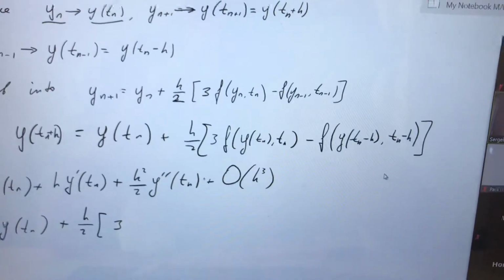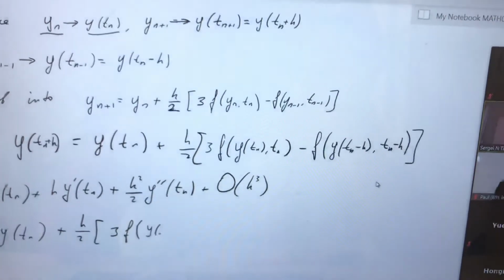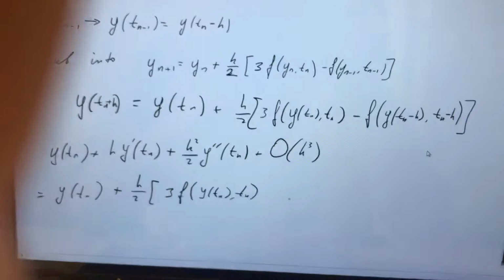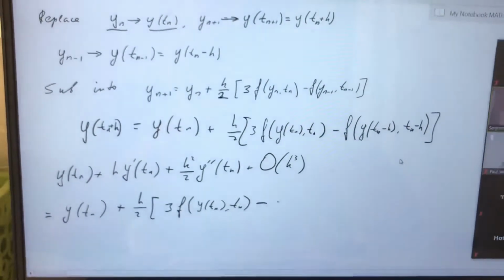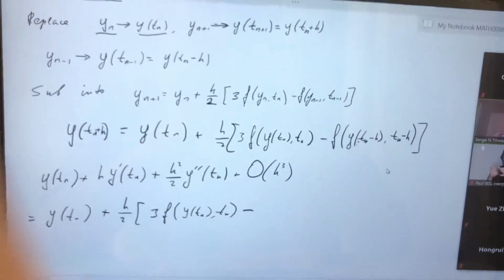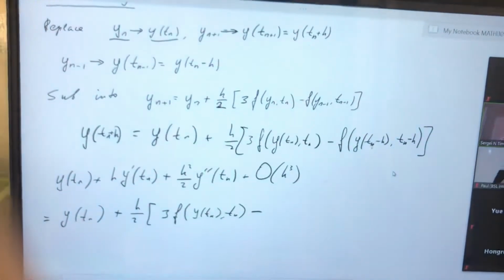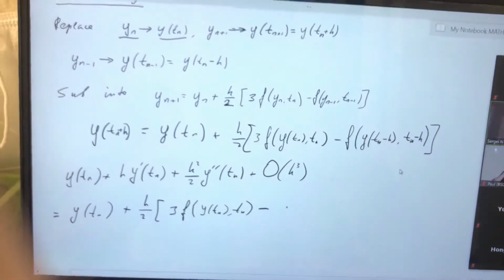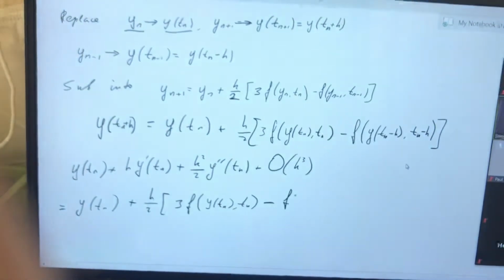We can't do anything with this term. It's just 3f of y at t_n. And the next one requires some chain rule application. We expand y in the Taylor series, then we expand f in the Taylor series, so we get two expansions.